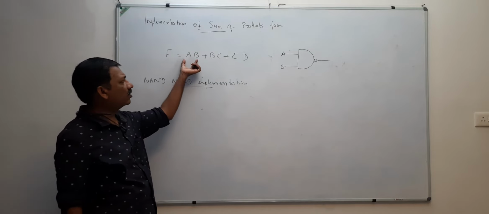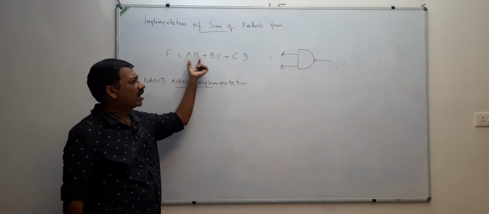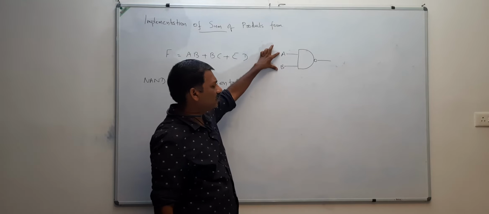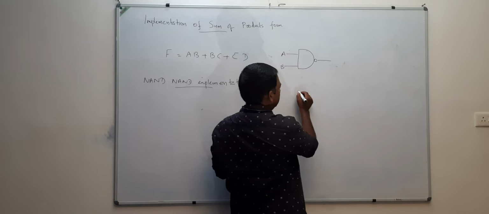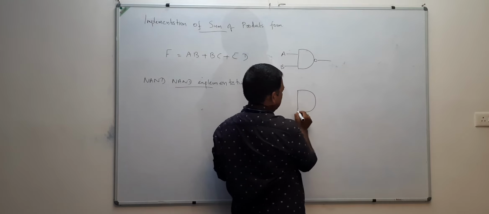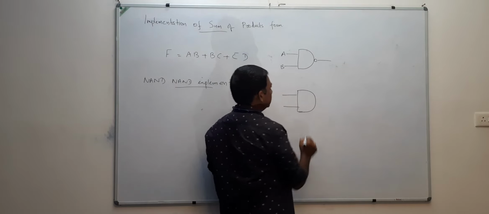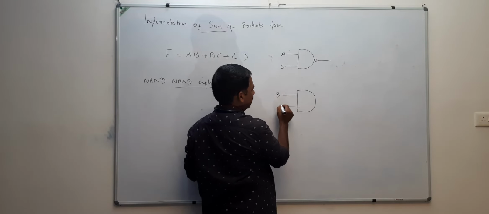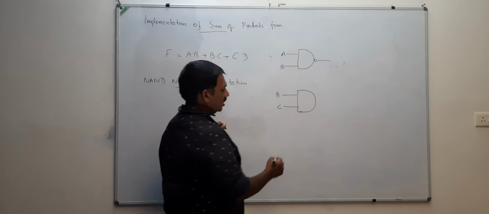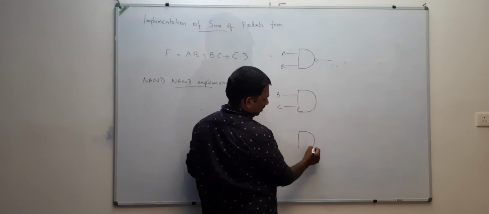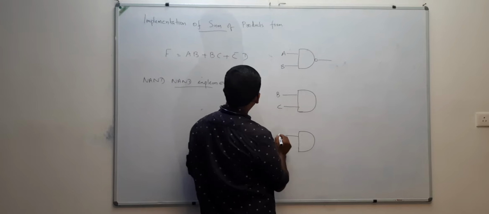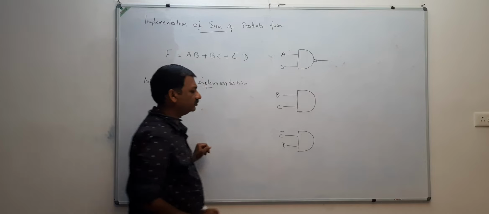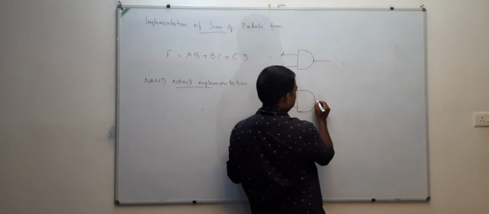Here you are going to take AB and those are given as the inputs of this NAND gate, and in the first level itself, you are going to give B and C, and for another product, you are going to give C bar and D. These are the outputs.